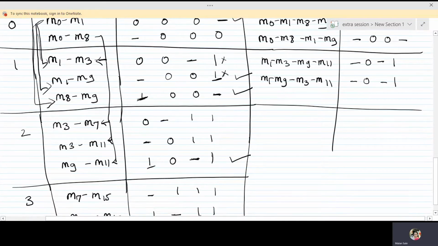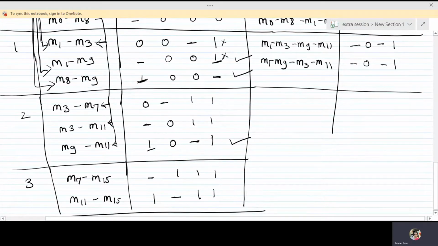The first group is completed. Now the second group: M3, M7. Now M3, M7 compare with M7, M15: 0 dash 11, no comparison. Now M11, M15: 1 dash 11, yes, comparison will be there, so we can do the comparison. Now make a pair M3, M7, M11, M15, and the pair will be dash dash 11.